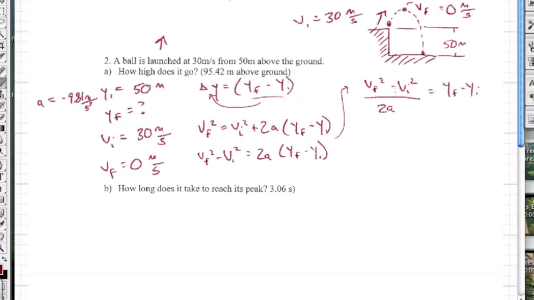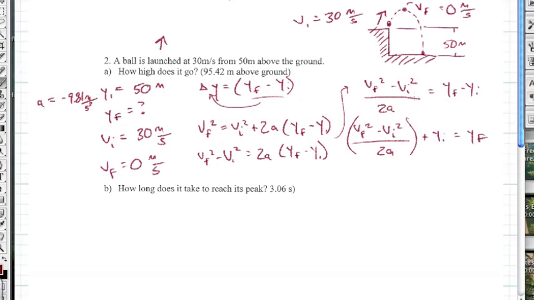And since we're solving ultimately for YF, I'm going to add YI to both sides too. So here's our final equation here. VF squared minus VI squared over 2A, the quantity, plus y initial equals our y final.